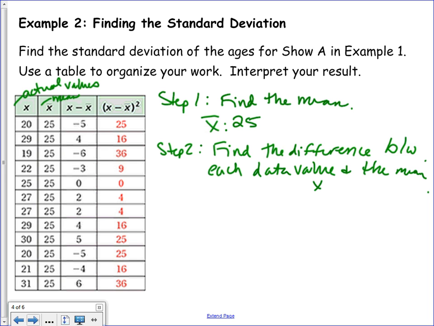So that's the X minus the mean, okay? And that's what they're doing right here in this step. Okay, so this was step 2, and this column was step 1.